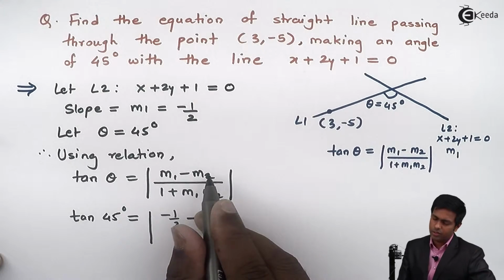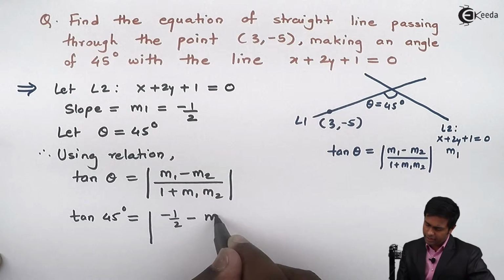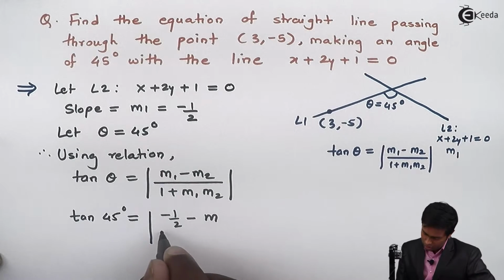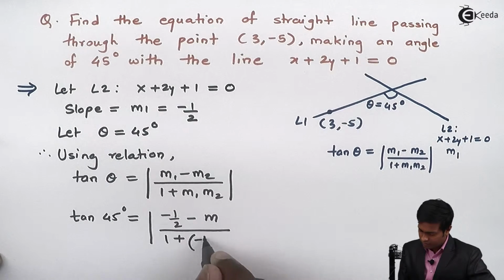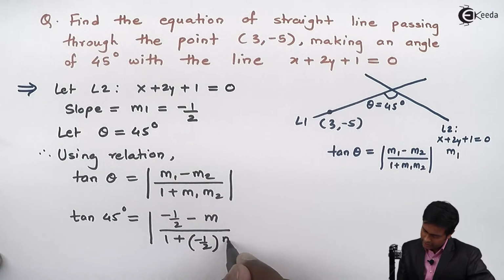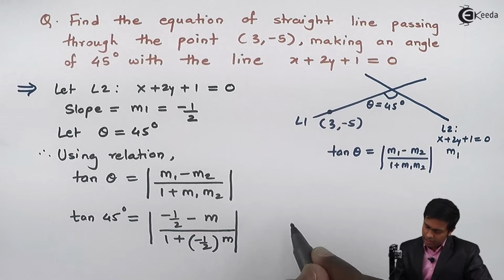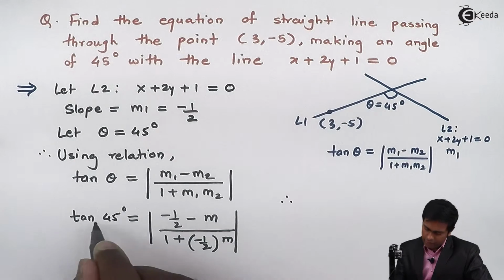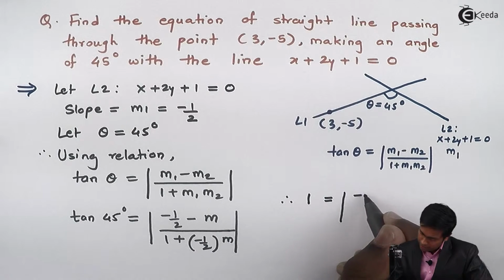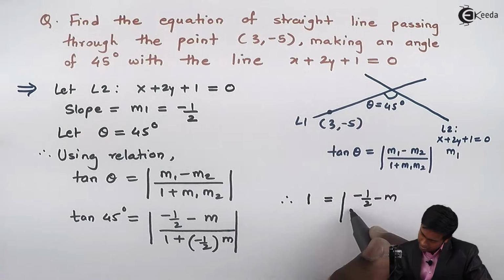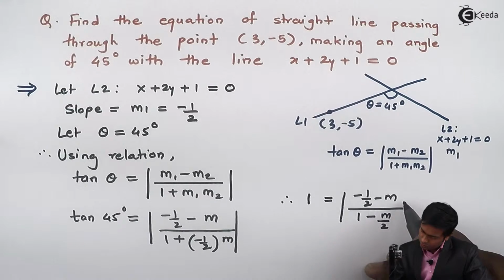Now m2 is the slope of the required line, so I'll say it as m for better understanding, upon 1 + m1 m2, again -1/2 times m. So by solving this we'll get, therefore, tan 45 degrees, that is 1, equals |(-1/2 - m)/(1 - m/2)|.